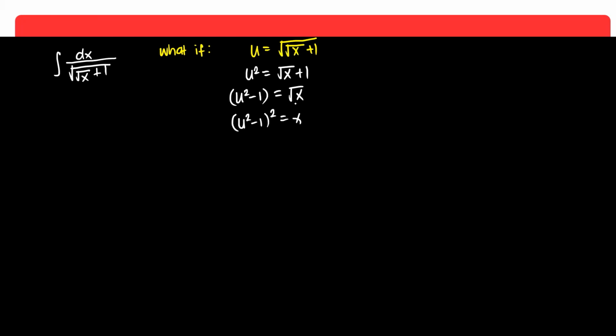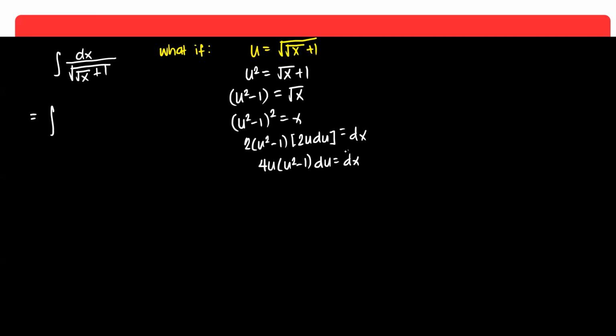And then let's try to get the differential of this one. 2 times u squared minus 1 times 2u du. Let's rearrange everything. 4u times u squared minus 1 du is your dx because we will need it to be arranged properly when we do the substitution.